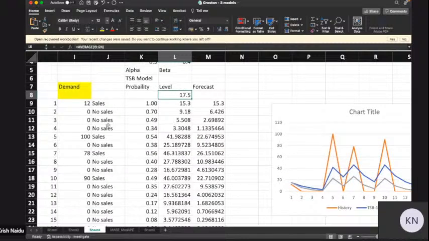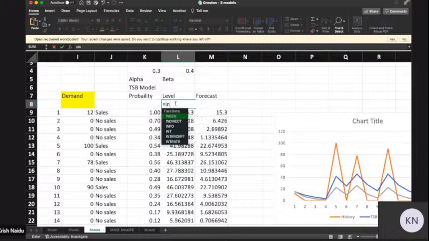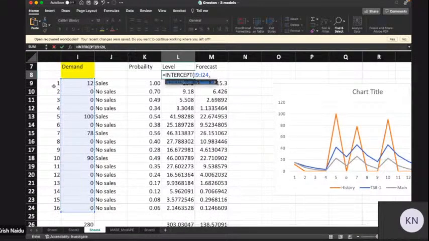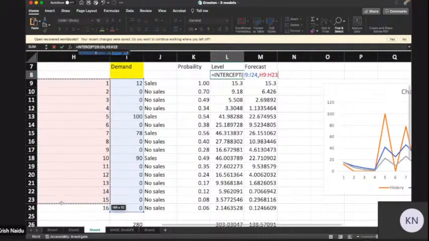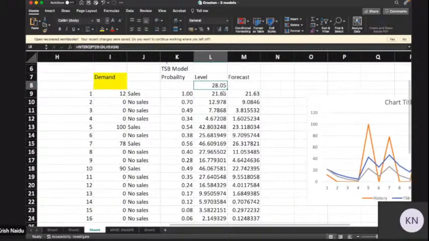Means if I choose my intercept, the intercept here with known y's and known x's, this is 28.05, right?